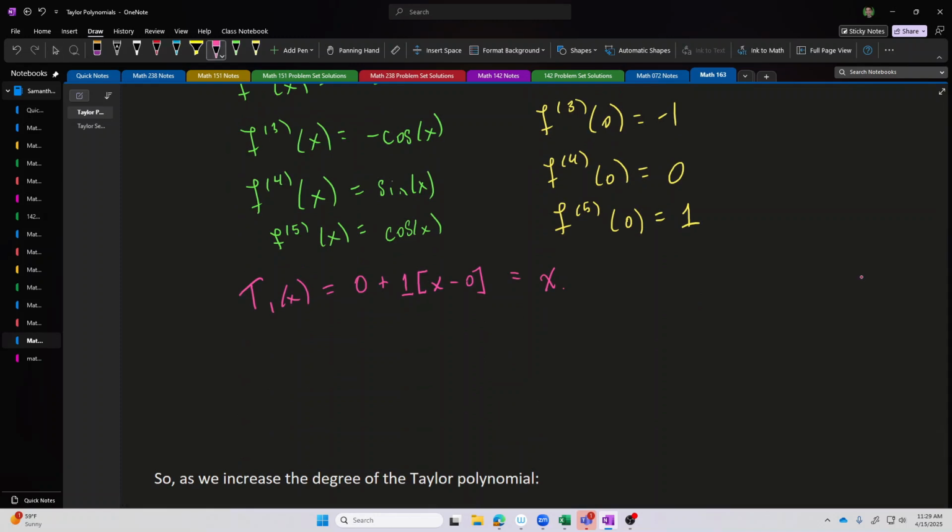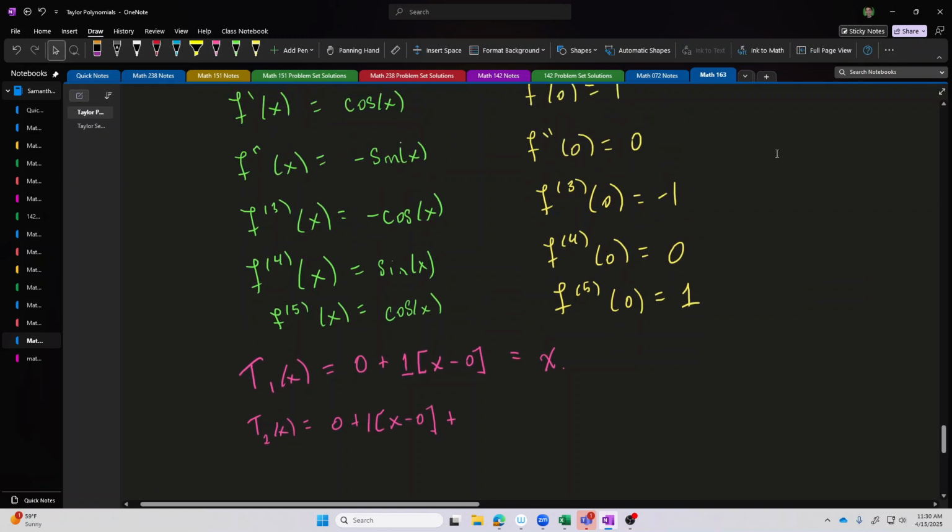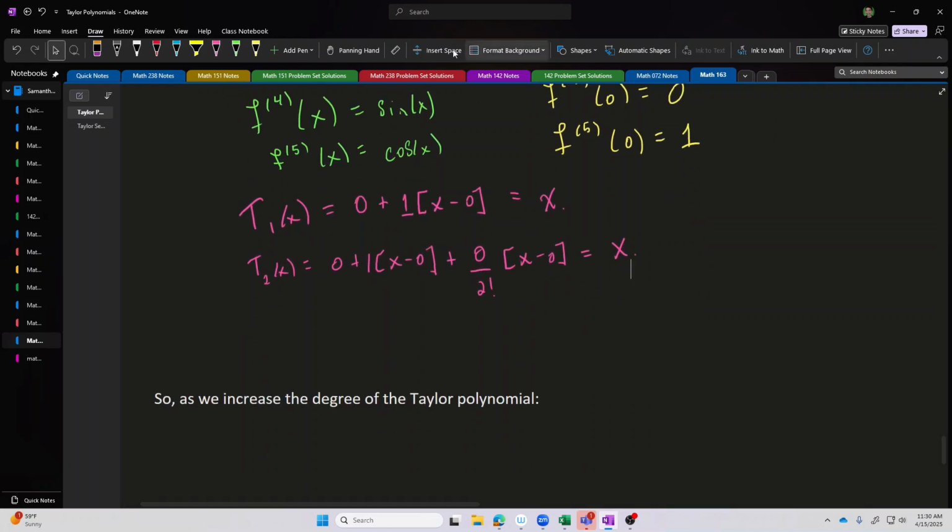The degree 2 Taylor polynomial would be the exact same thing, but with one additional term: the output of the second derivative divided by 2 factorial times 2 copies of x minus 0. So once again, that'll simplify just to x.